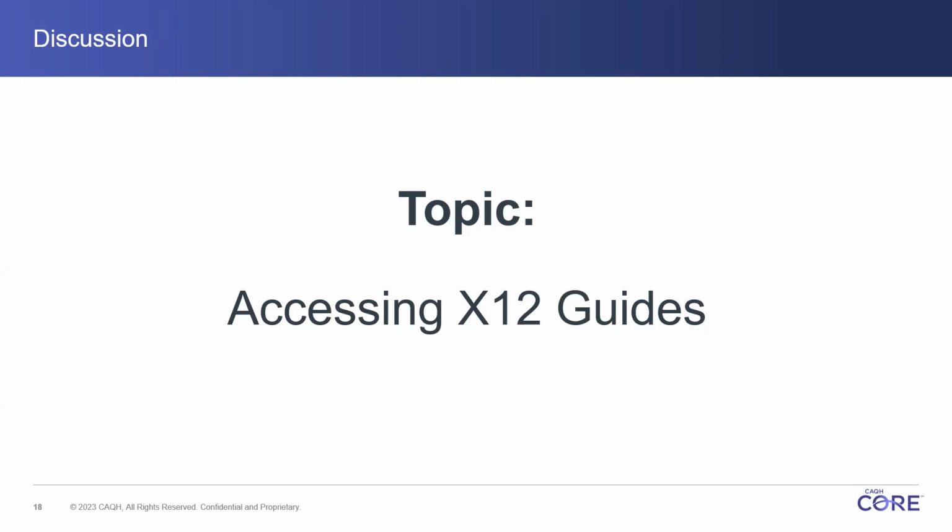But in addition to that, it also indicates which of those CARC-RARC combinations are in a core business scenario. So you would see extra remark codes because they maybe don't fall into business scenario 3. They are a different message than what business scenario 2 or 3 are, for example. But it indicates that core.